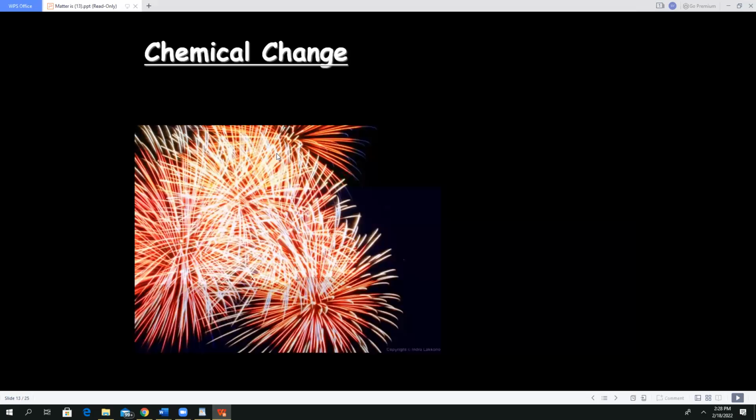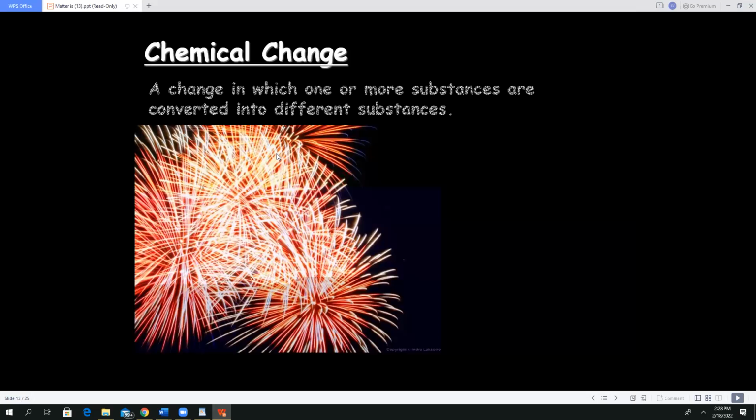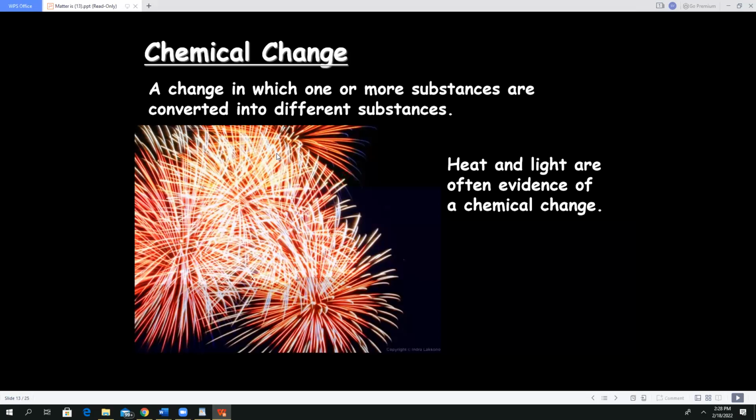All right, so a chemical change is a change in which one or more substances are converted into different substances. For example, these fireworks. Heat and light are given off, and they are evidence of a chemical change.